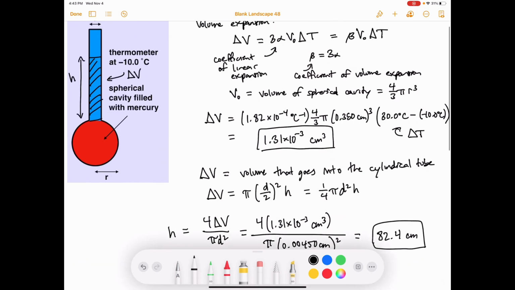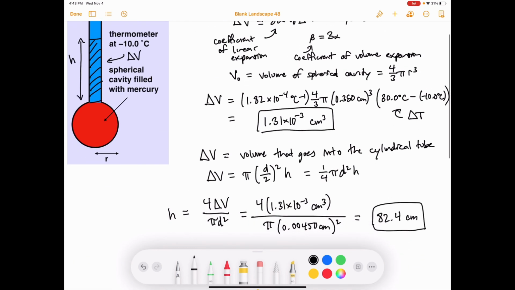So the mercury rises to a height of 82.4 centimeters in the tube as the temperature increases. And so what we're illustrating here is just the operating principle behind a mercury thermometer. As the temperature increases, the volume of the mercury expands, and so it goes to a higher level in the tube. And we can read out the temperature based on the height of mercury in the tube.